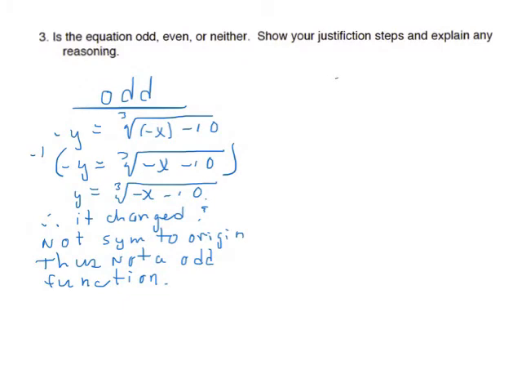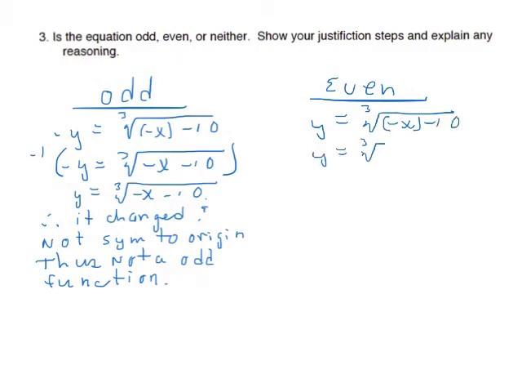For an even function, this time you're going to plug negative x in for x. So I'm going to plug negative x here. Now make sure you show the step where you show the simplification of this. So that'll just give you negative x minus 10.